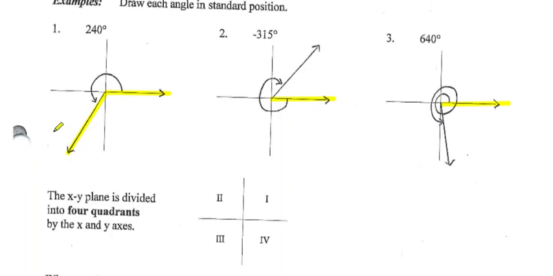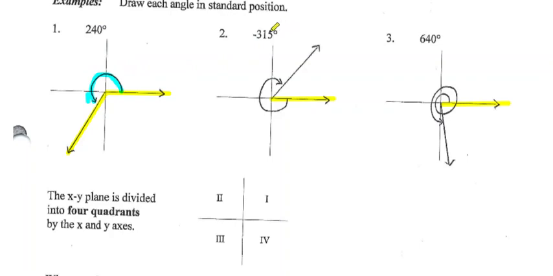You're just eyeballing it. If you get it in the right quadrant, I'm not going to say it should be a little smaller or a little larger. Just get it in the right quadrant, okay? So the angle is going counterclockwise, therefore positive. And that's it. There's your angle of 240 degrees.